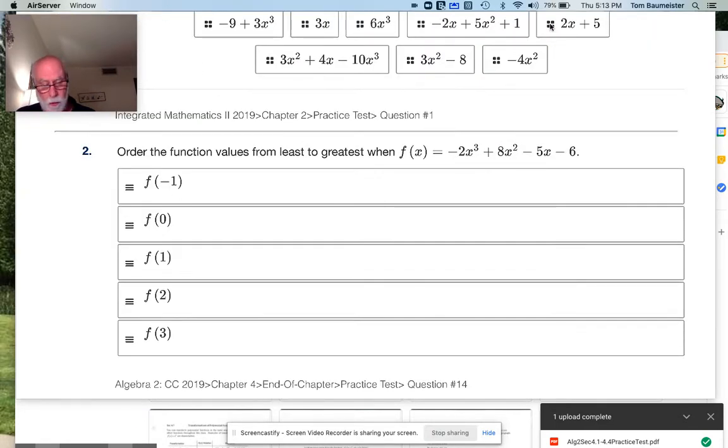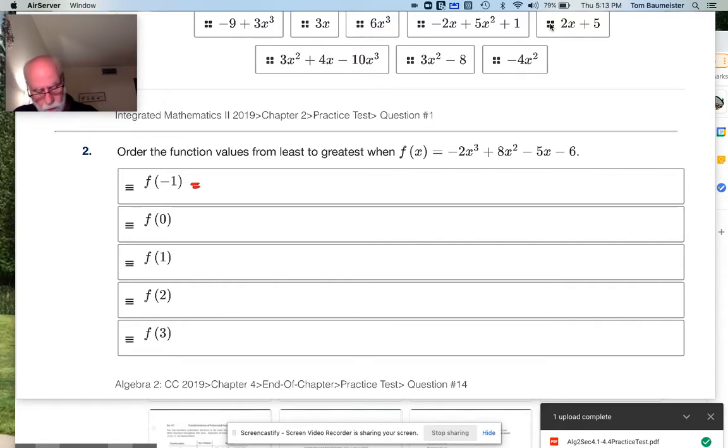Okay, the second one here, what you're going to do, ladies and gentlemen, is you're going to have to move these up and down. Once you figure out which one they are, they're going to go in order from least to greatest. So the smallest or highest negative number, if you want to think of it that way, think about it as on a number line, and then to the highest number.